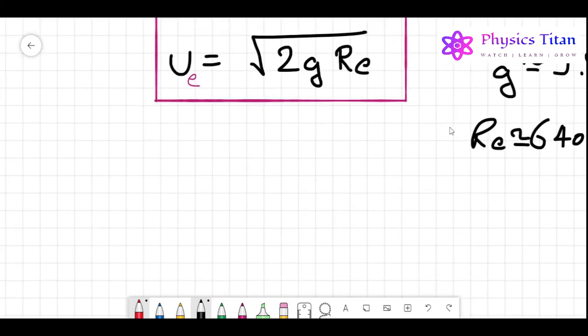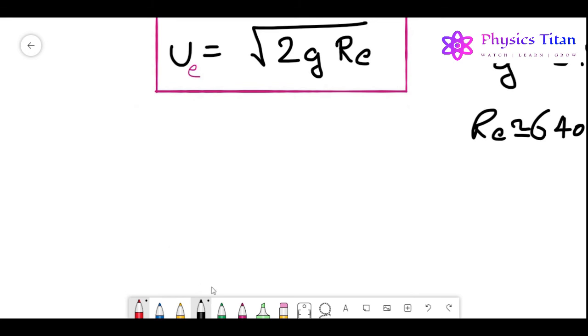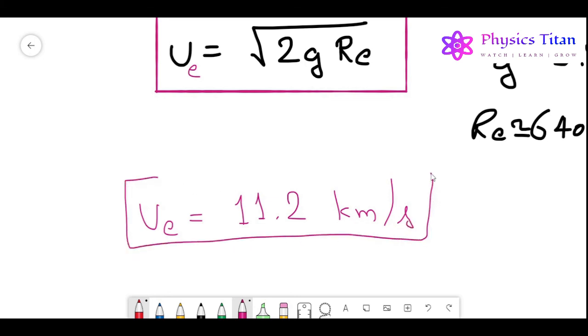So by putting these values in this formula, we will get the escape speed for Earth is equal to 11.2 kilometer per second. Okay, so this is the minimum value of speed which is required to be imparted on an object at the surface of Earth so that it will never return back to the surface of Earth. Okay, so I hope this is clear.